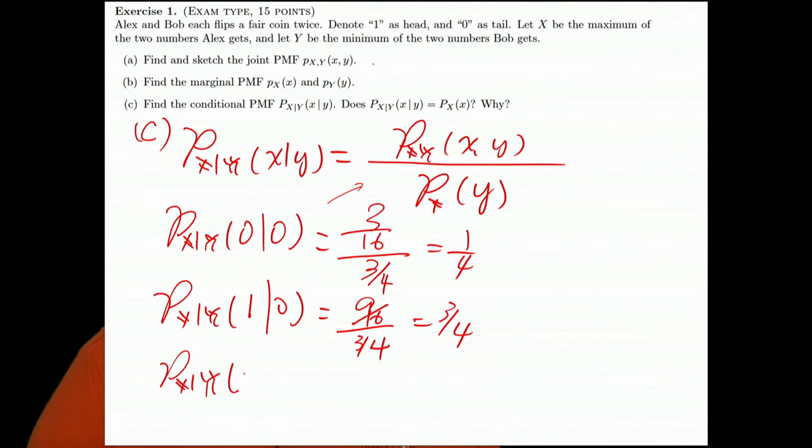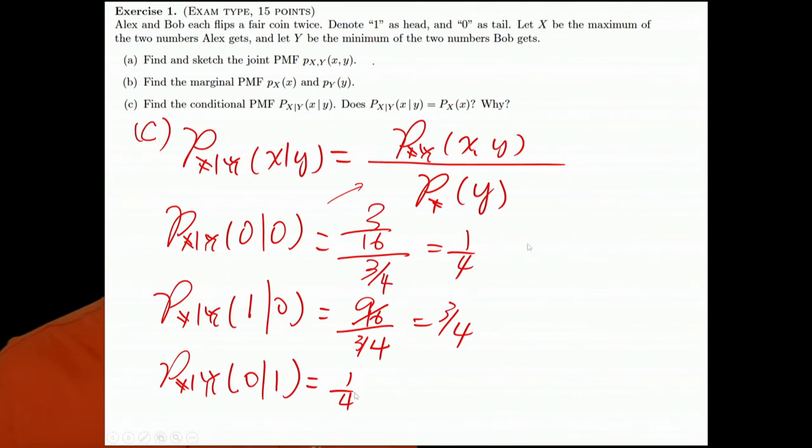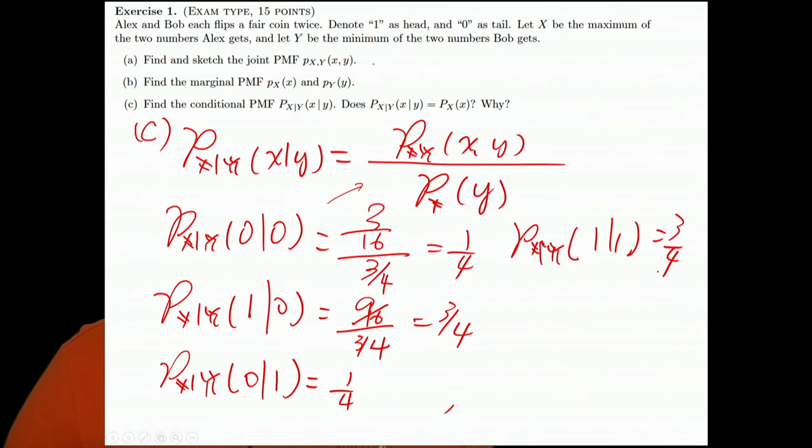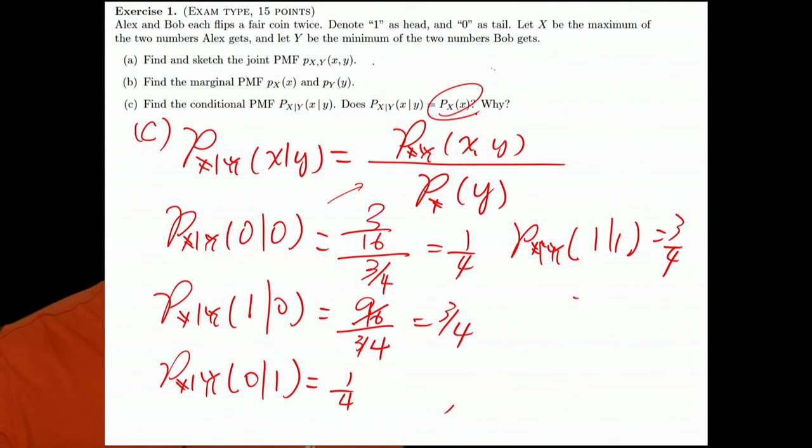And 0 given 1, then I will give you 1/4, and 1 given 1 will be 3/4. And we know that the probability of x, p_X(0), equals 1/4 from part B, and p_X(1) equals 3/4.